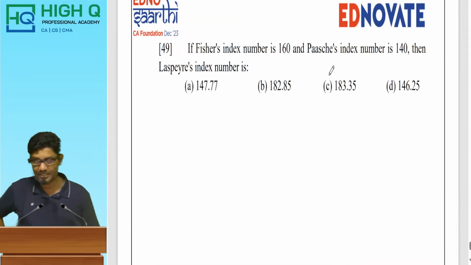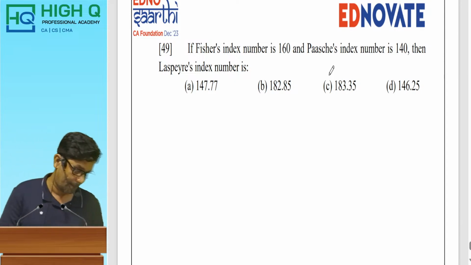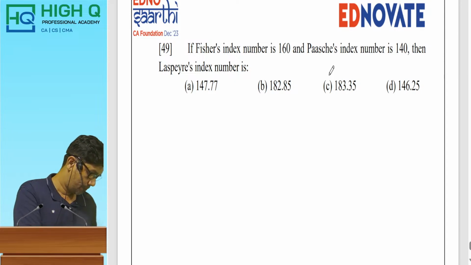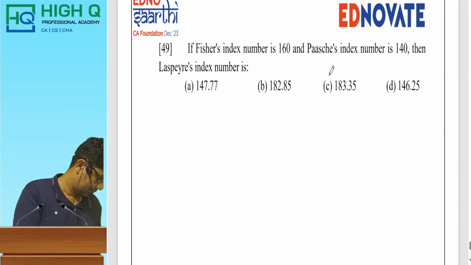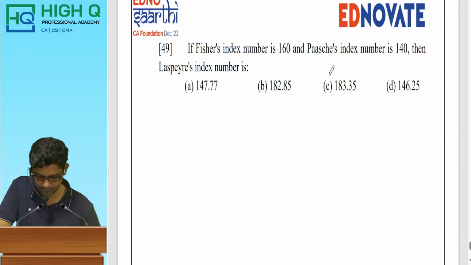Now, Fisher's index number is 160, Paasche's is 140, then the Laspeyres. Can you please find out this fast? Are you sure? Okay.